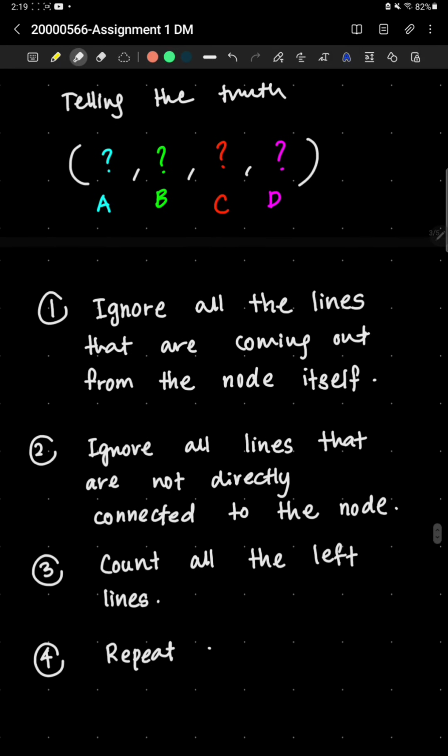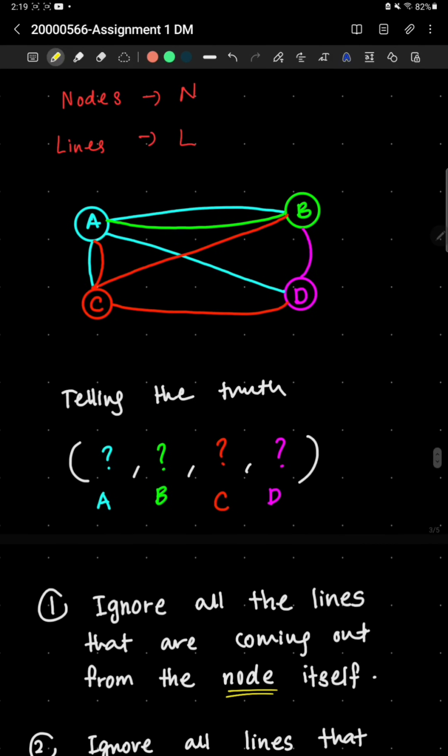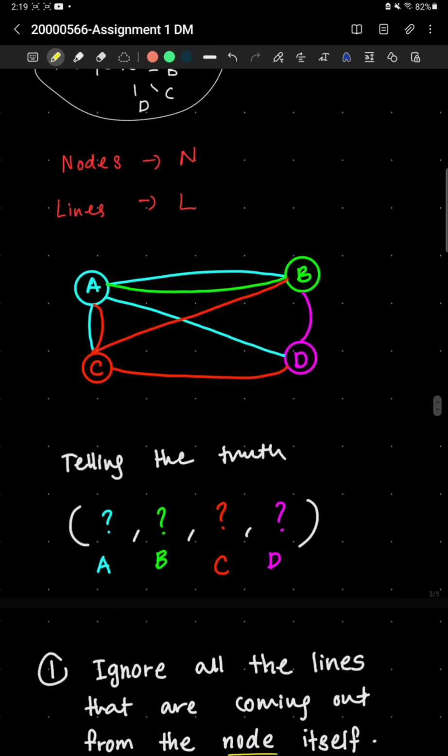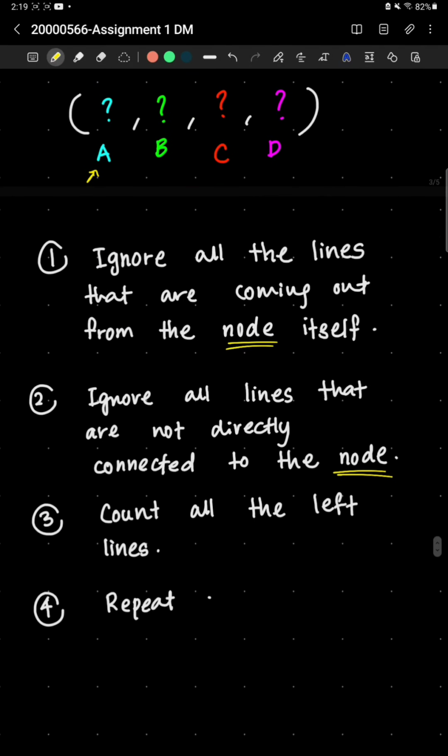Let me explain first. Ignore all the lines that are coming out from the knot itself. The knot here means the one that we choose. Let's say we want to find how many people are telling the truth for A. Then A is the knot. The second step is to ignore all the lines that are not directly connected to the knot.